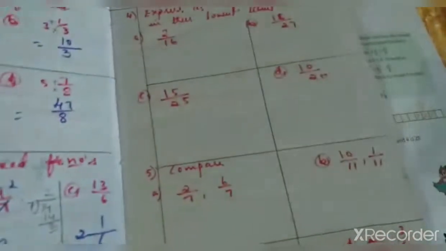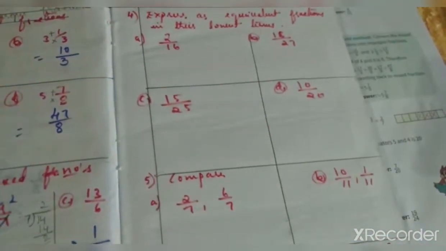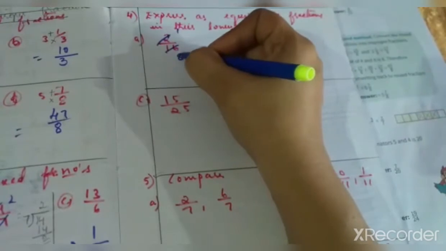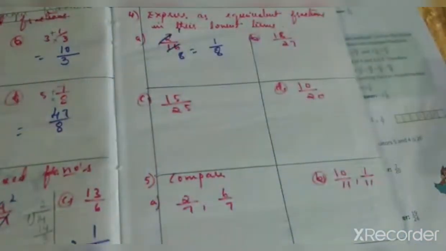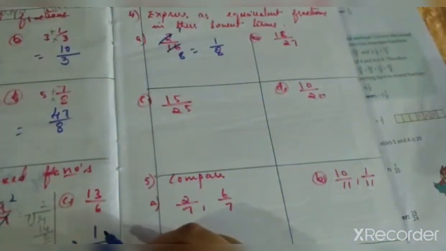Now express as an equivalent fraction in the lowest term, meaning we have to reduce the value and express it in lowest terms. 2 ones are 2, 2 8s are 16. So the answer in lowest form is by just dividing, 1 by 8. Both the numbers should be multiplied with the same table, then we can reduce the value or cancel it.